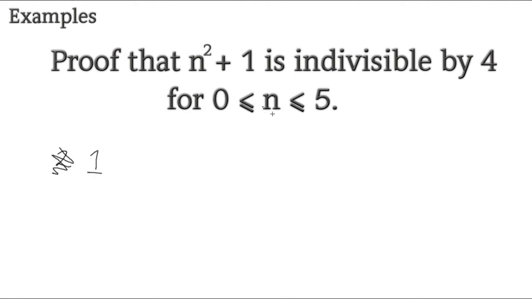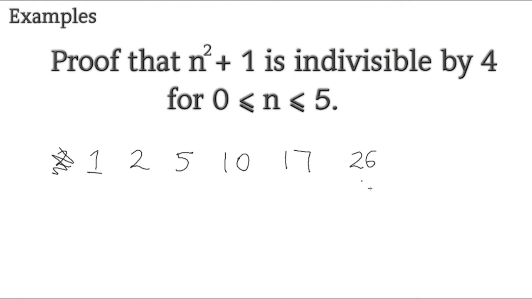That's the first value. For n is 1, 1 squared plus 1 gives us 2. 2 squared is 4 plus 1 is 5. 3 squared plus 1 is 10. 4 squared plus 1 is 17. And finally 5 squared plus 1 is 26.